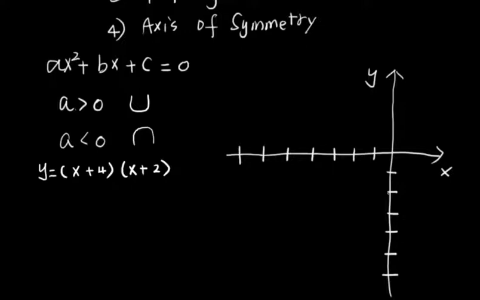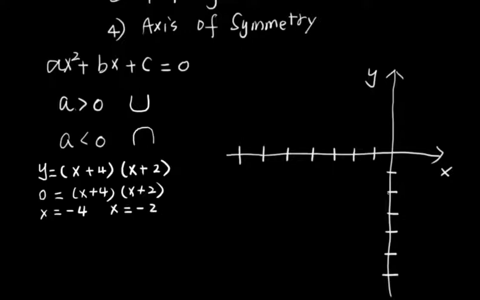So how can I find them? Just go ahead and set y to be 0, and then rewrite the whole thing, x plus 4 multiplied by x plus 2. So that means x plus 4 equals 0, so x equals negative 4. x plus 2 equals 0 also, so x equals negative 2.